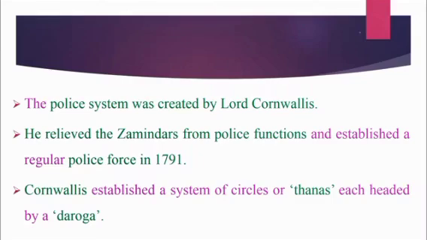Then Cornwallis established a system of circles or thanas, each headed by a daroga. Like Faujdars, Cornwallis's system was headed by a daroga.